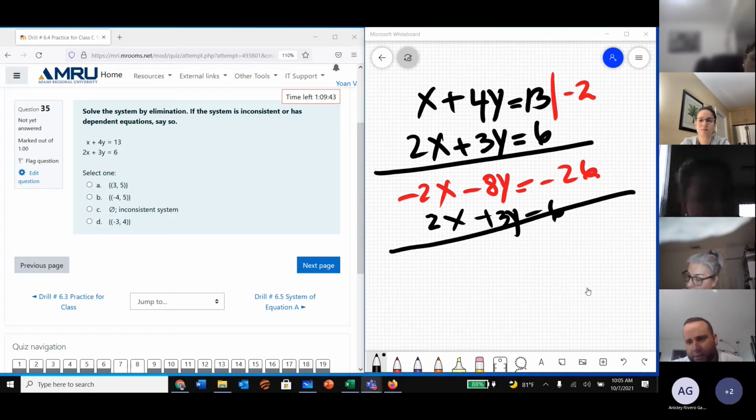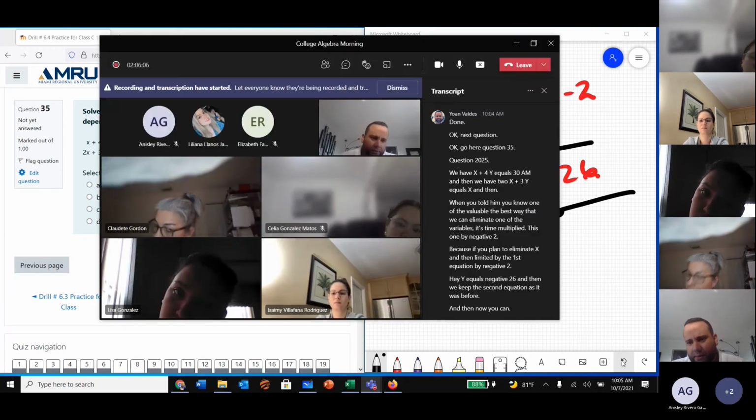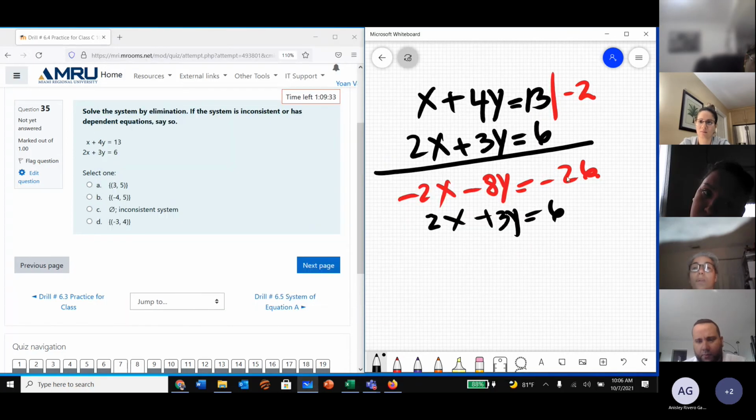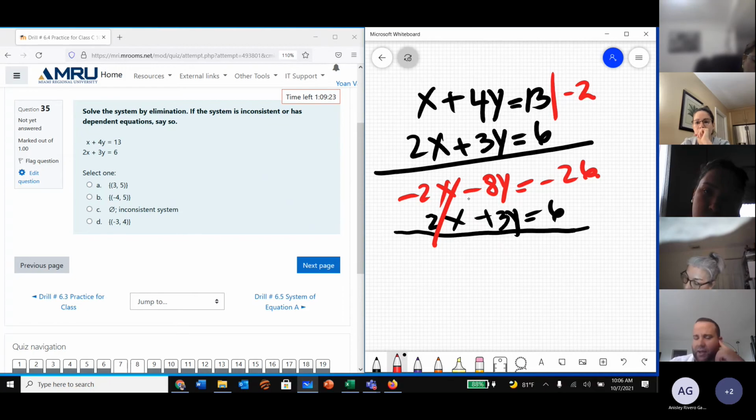And then now you can cross them out, and then you can cross them out here. And then you can cancel x, and then we have -8y plus 3y, which is -5y equals -26 minus 6, which is -20.